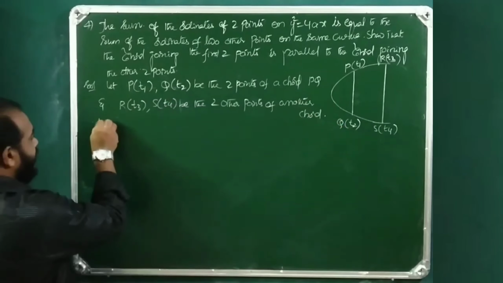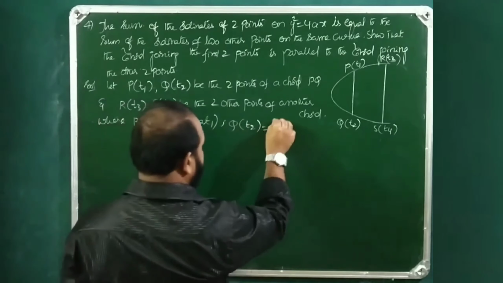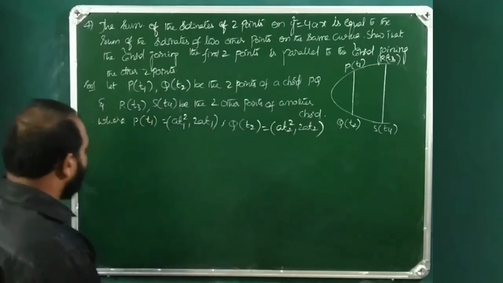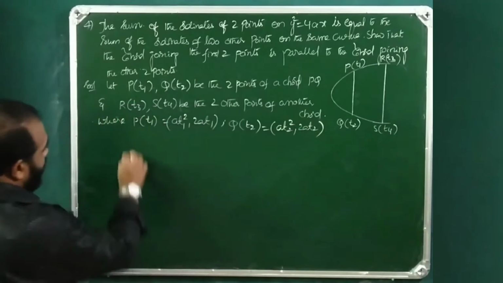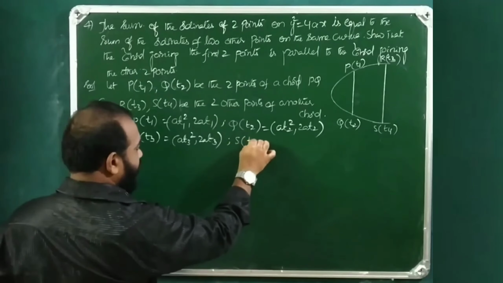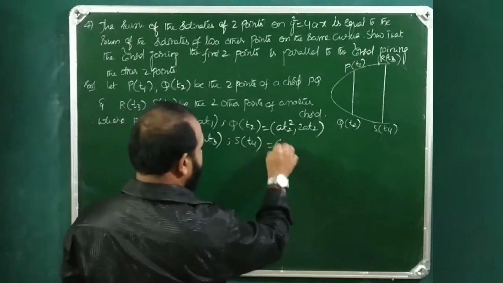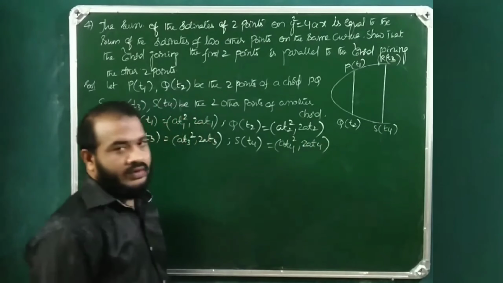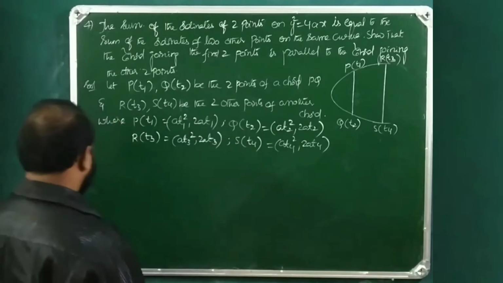Where P(t1) is equals to (at1 square, 2at1), Q(t2) is equals to (at2 square, 2at2), R(t3) is (at3 square, 2at3), S(t4) is equals to (at4 square, 2at4). Let us take the parametric points now.